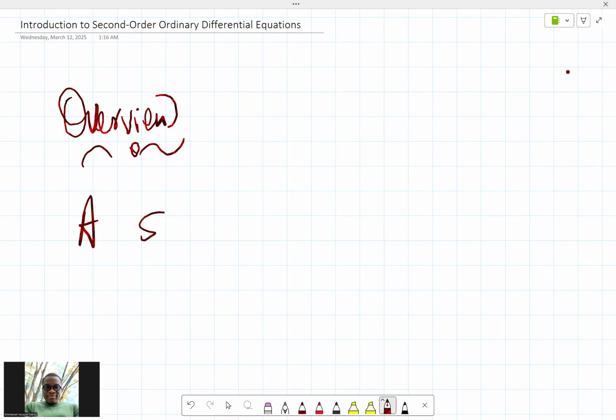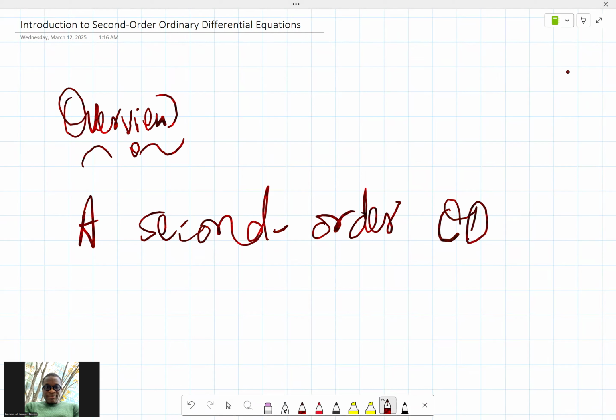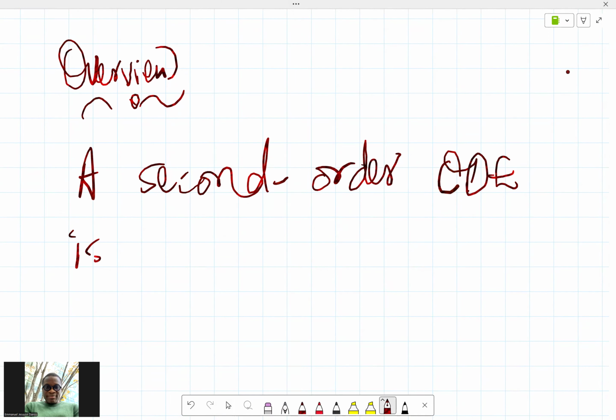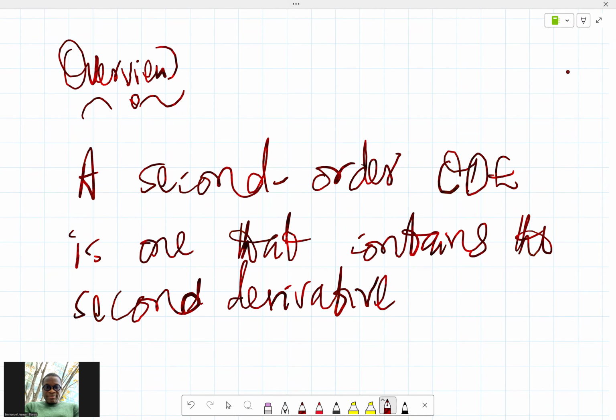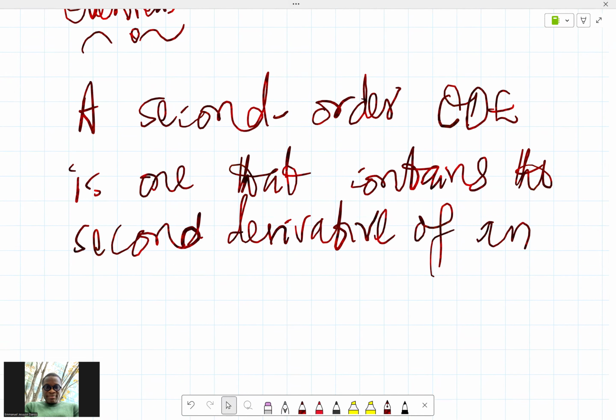A second order ordinary differential equation, ODE, is one that contains the second derivative of an unknown function.